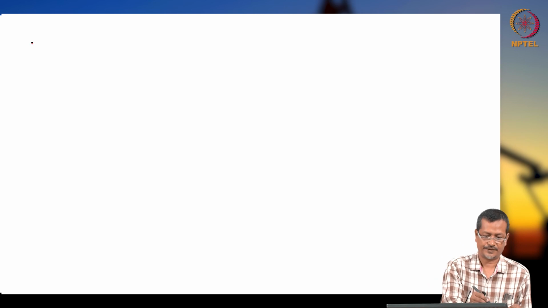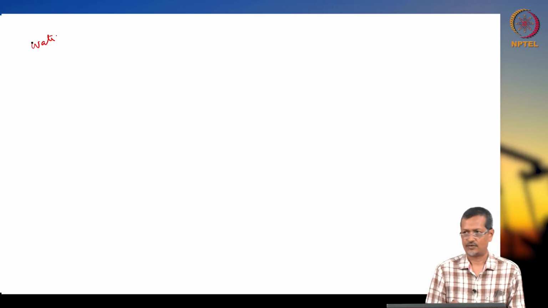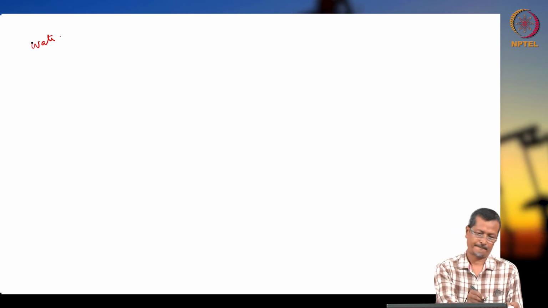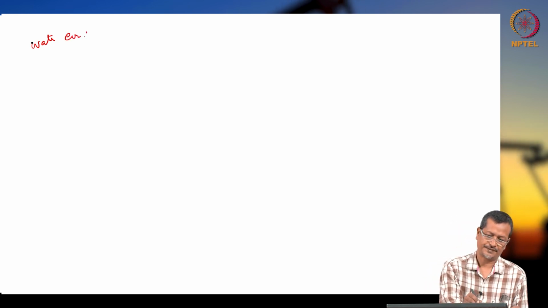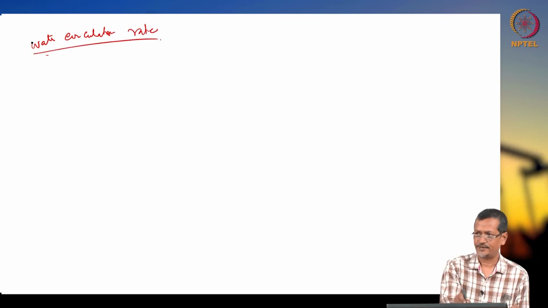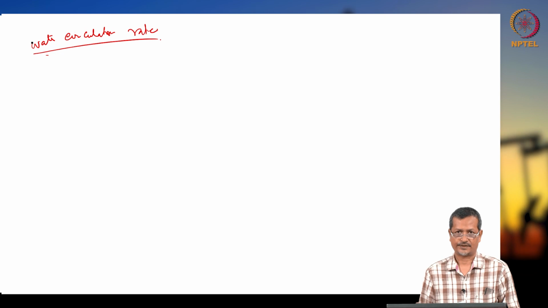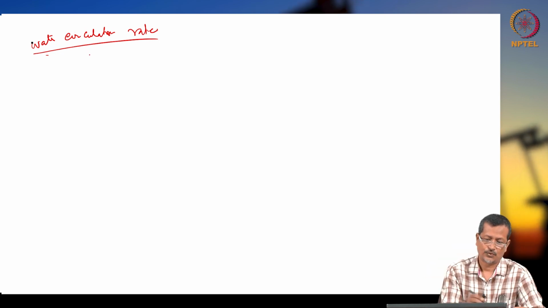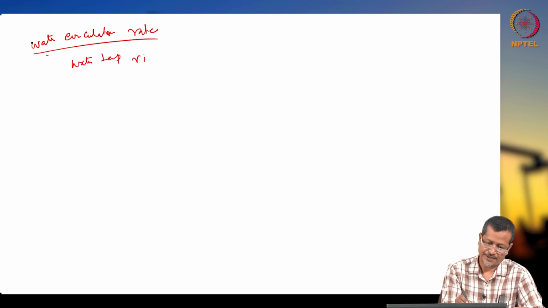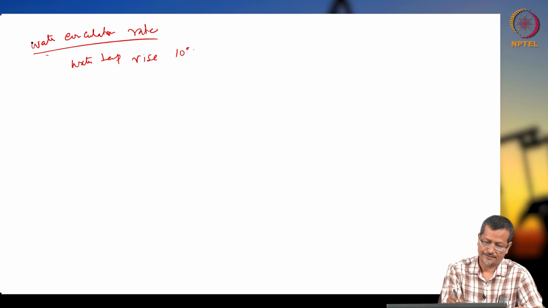Now, water circulation rate. Okay, this bigger problem is given in the book actually. So, I am just giving it here. Water circulation rate. So, water temperature rise 10 degree.